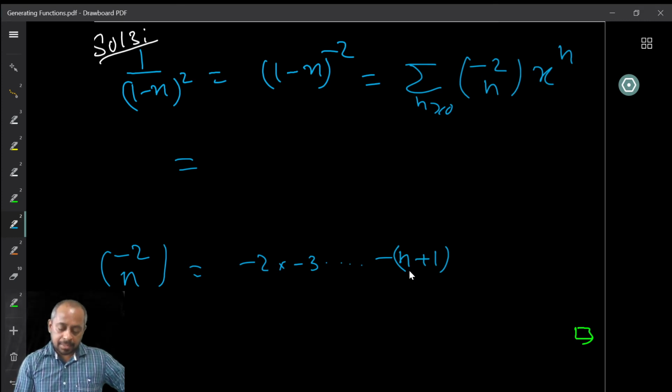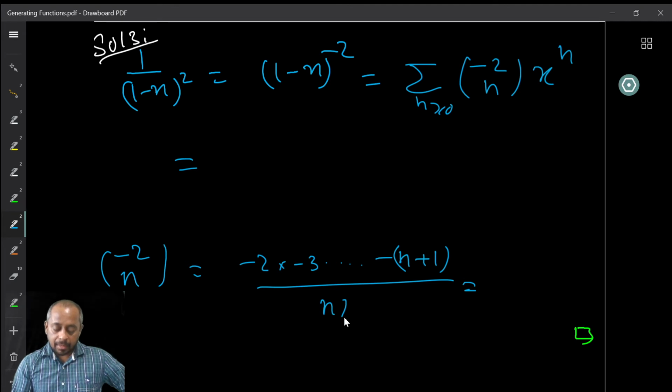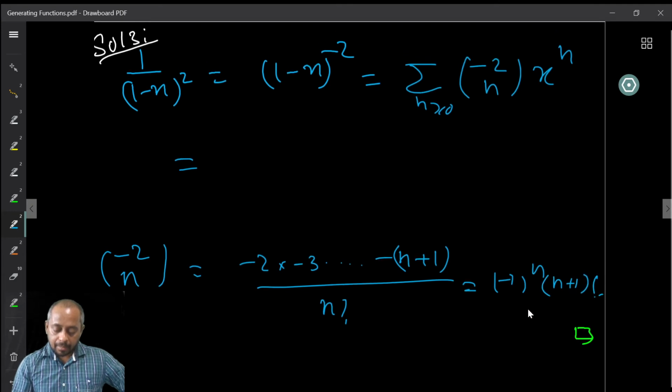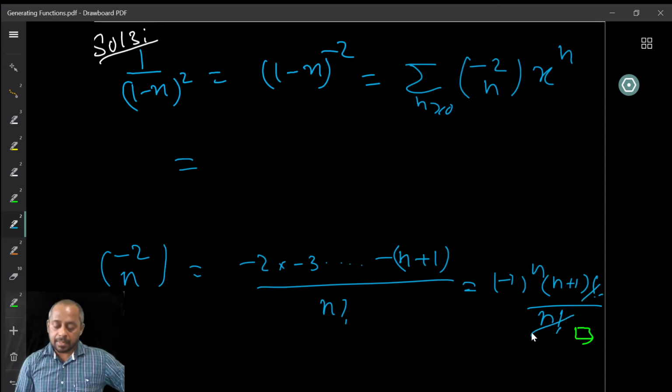So this is basically minus of n plus 1, divided by n factorial. So this is equal to (n plus 1) factorial by n factorial times (minus 1) whole raised to n, which is basically n plus 1, because n factorial cancels out. So minus 1 whole raised to n times n plus 1. Sorry, this was (minus x) whole raised to n.